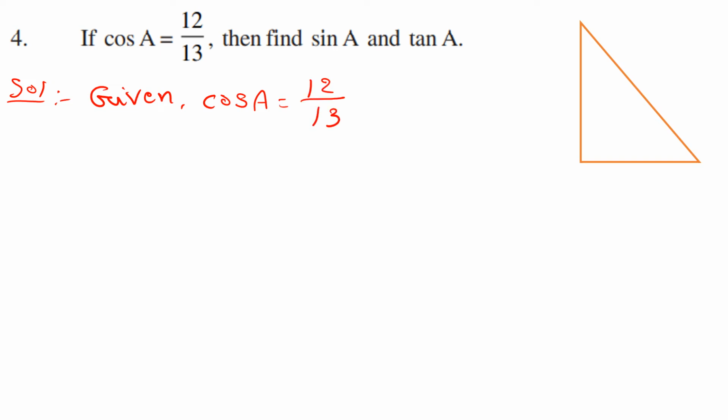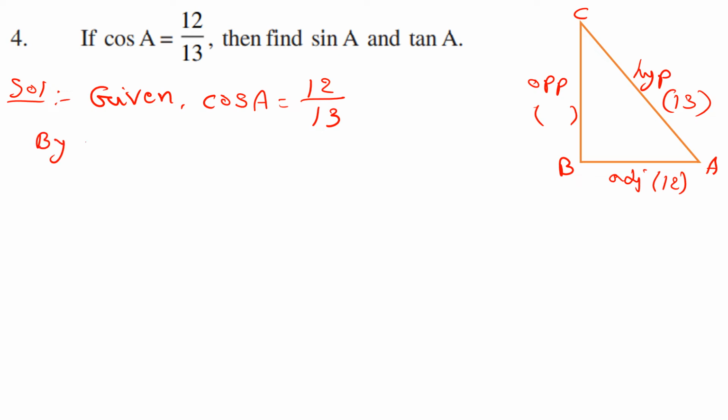In this diagram, take A here, the right angle at B, and C here. Cos A is adjacent by hypotenuse, and this is the opposite. The adjacent is 12 and the hypotenuse is 13. Now we have to find the opposite side, the length of BC.